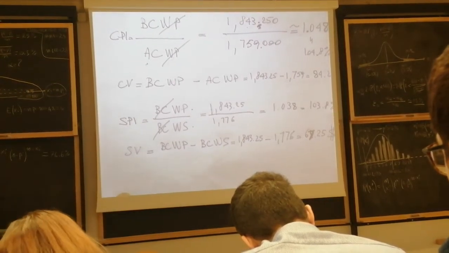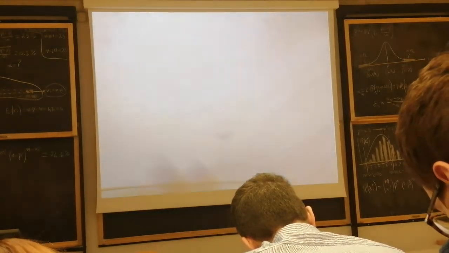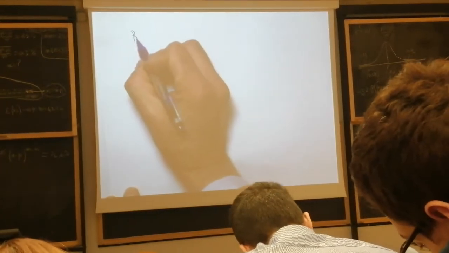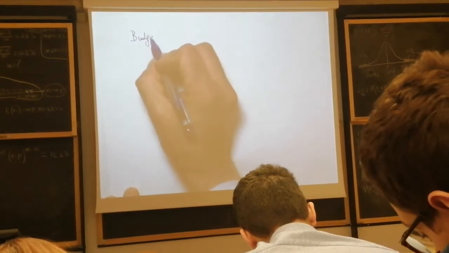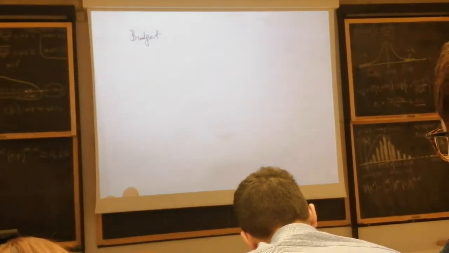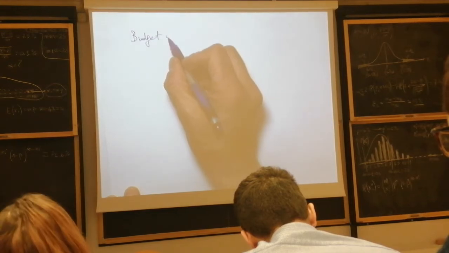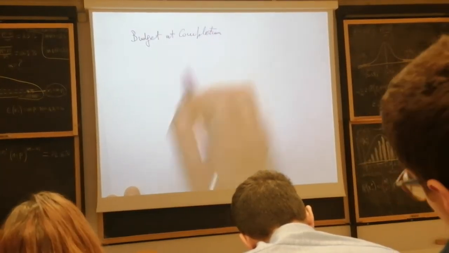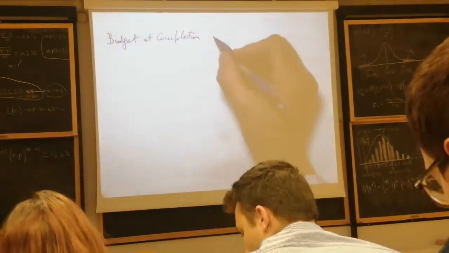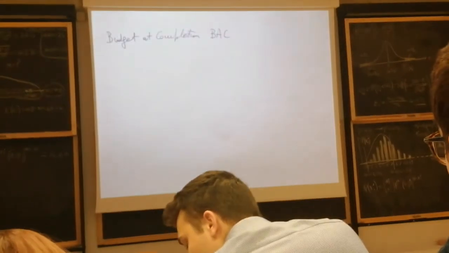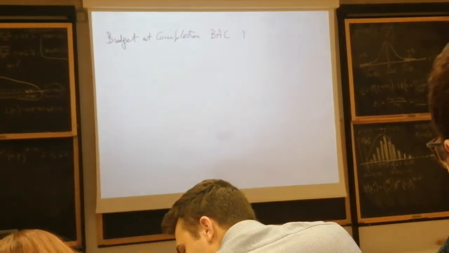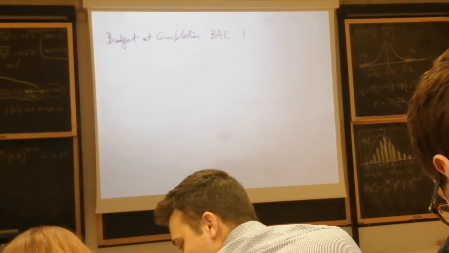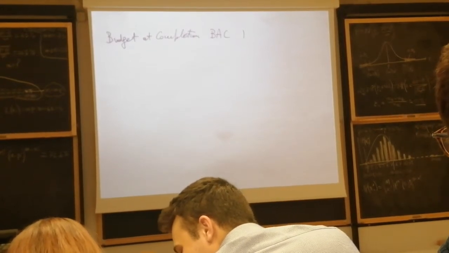So the total original budget, so let's restate. The budget at completion, which is also called BAC, is 1,900,000.